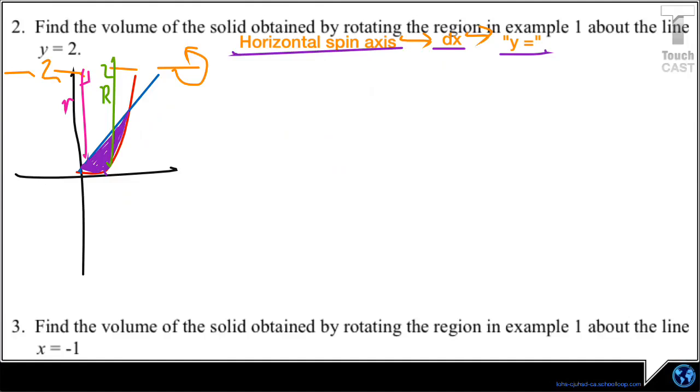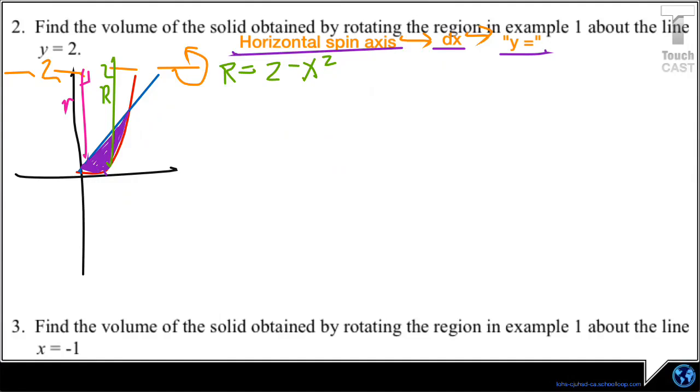So as you can see, I have drawn in the radii perpendicular to my horizontal spin axis, and I'm going to start with capital R. Now, we already know that we would like to take the top function, which is 2, minus the bottom function, and it touches the red, which is x squared.